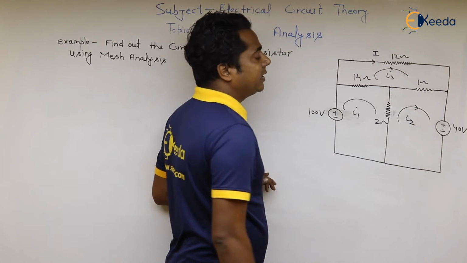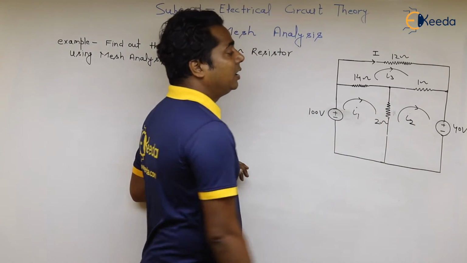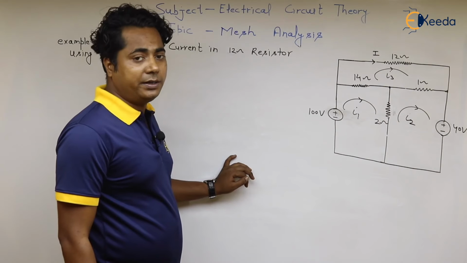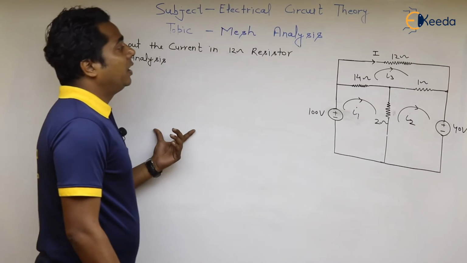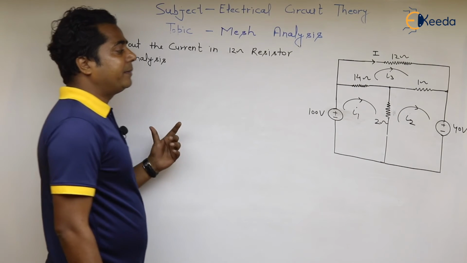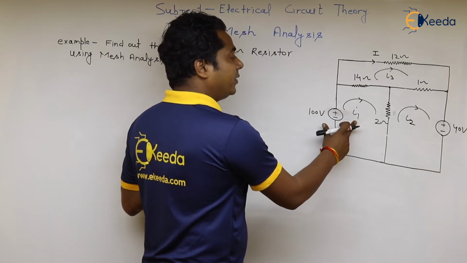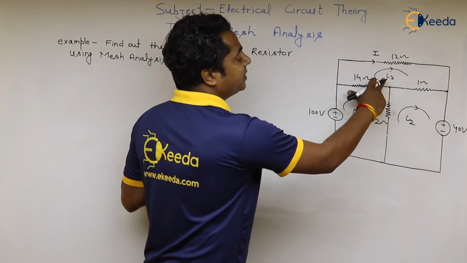We have discussed earlier the current direction will not affect the final solution, but we have to keep in mind our KVL equation should be perfect. So we will apply the KVL equation in mesh number 1, correspondingly in mesh number 2, and correspondingly in mesh number 3.